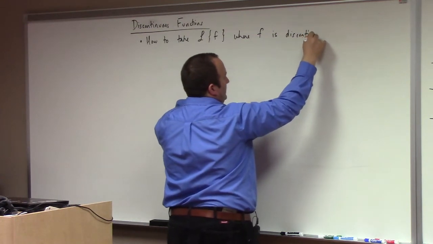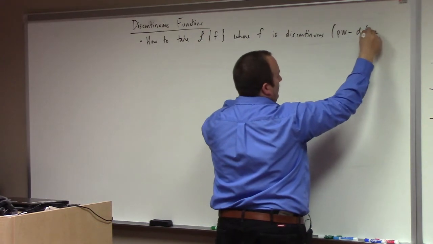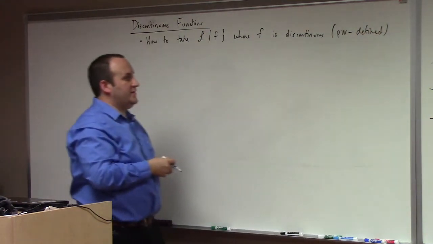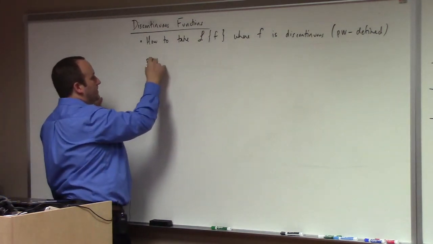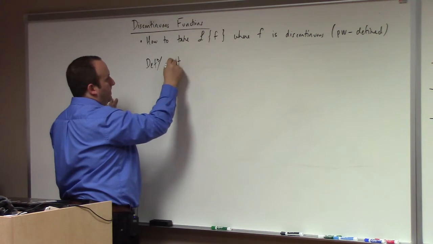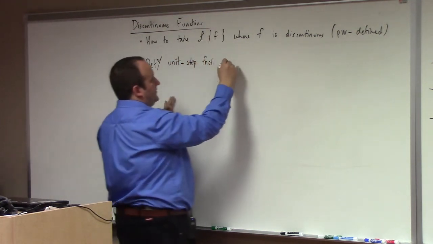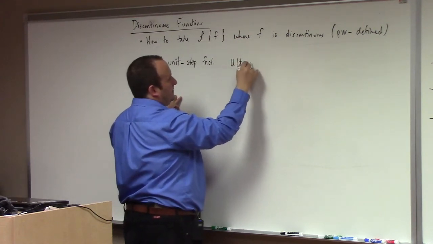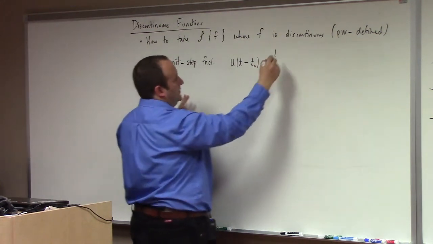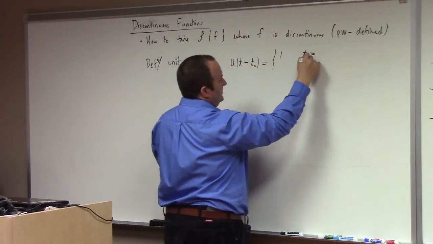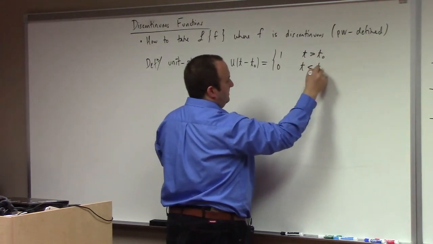Now, discontinuous, typically piecewise defined. All right. So the fundamental piecewise defined function is the unit step function. So here it is, u of t minus, let's say, t naught. What is this? This is 1 if t is greater than t naught, and it's 0 if t is less than t naught.